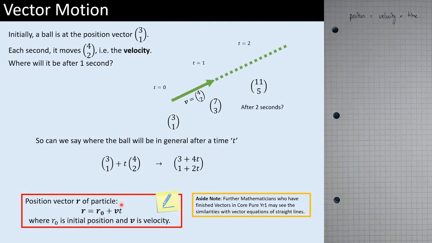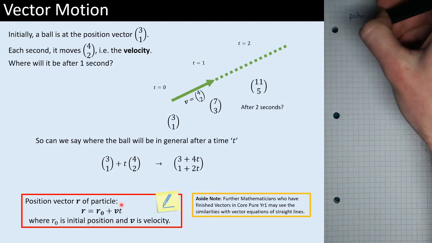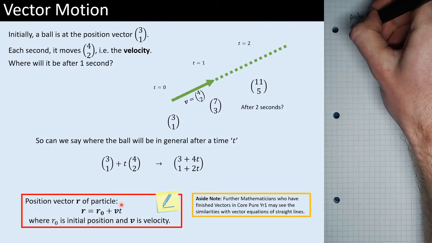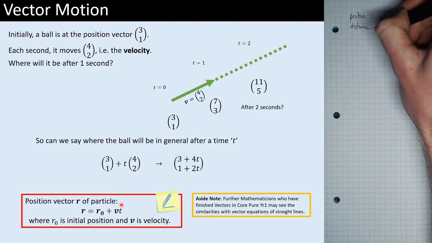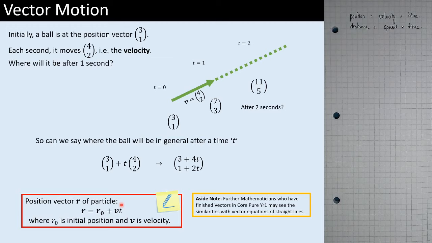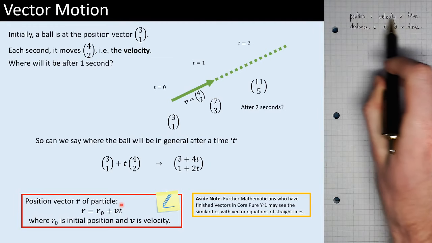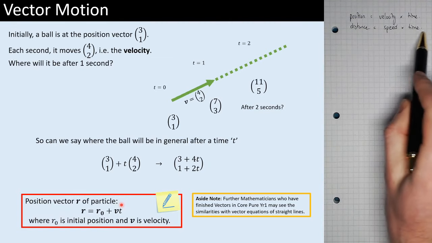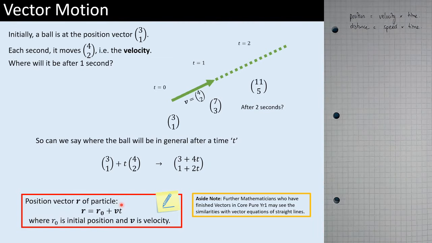Okay. And if we have some kind of starting position, we just add that on top. Okay. Rather than distance equals speed times time. Okay. This is essentially thinking about the vector form. This is essentially thinking about the scalar form. Okay, we're going to be thinking more about vectors. Okay.